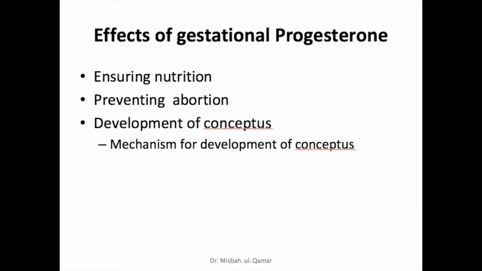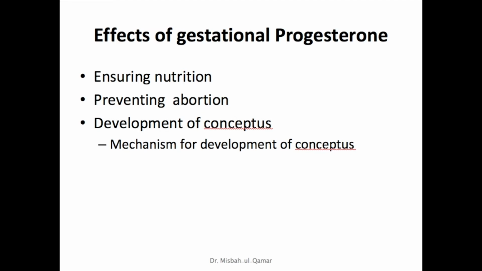Progesterone causes the decidual cells to develop in the uterine endometrium for the nutrition of the early embryo. Progesterone decreases the contractility of the pregnant uterus, thereby preventing spontaneous abortion.